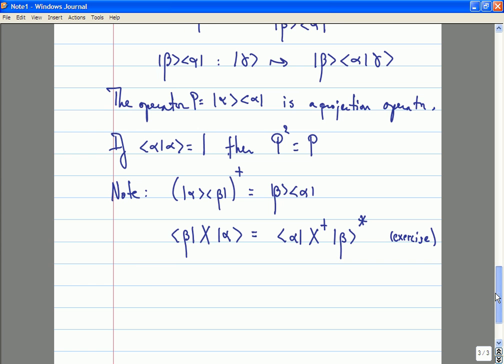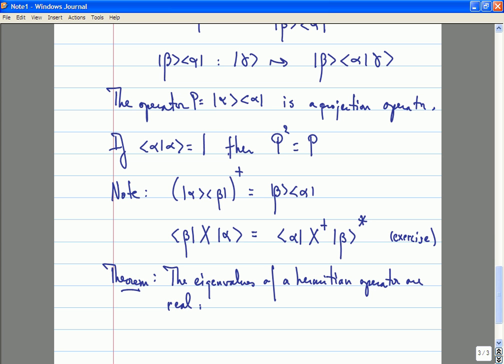There's a slightly less simple consequence, but one that you surely have already seen before, which is that the eigenvalues of a Hermitian operator are real, and eigenvectors of a Hermitian operator with different eigenvalues are orthogonal.